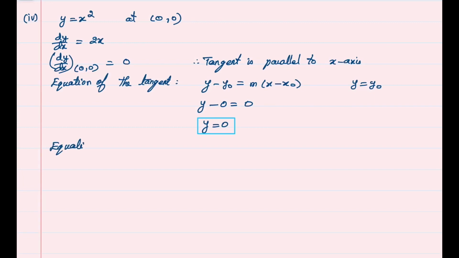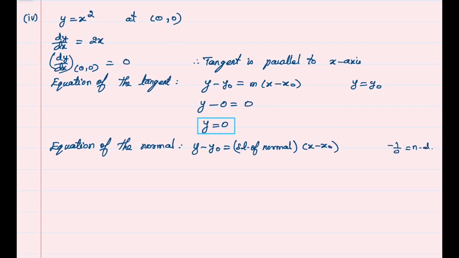Now, let us write the equation of the normal. Formula is y minus y0 equal to slope of the normal into x minus x0. Slope of the tangent is 0. So, slope of the normal will be minus 1 upon 0, which is not defined. y minus 0 equal to minus 1 upon 0 times x minus x0.